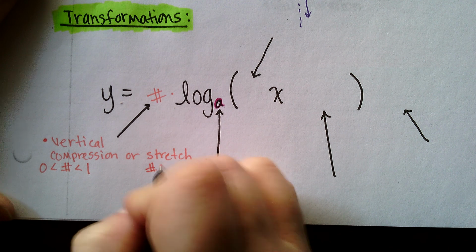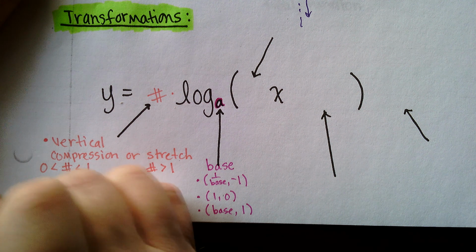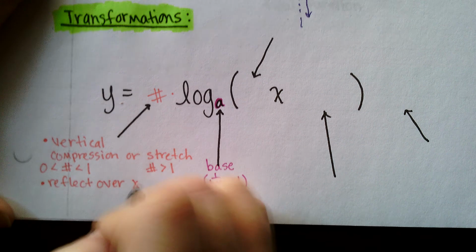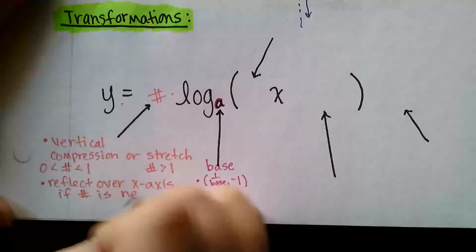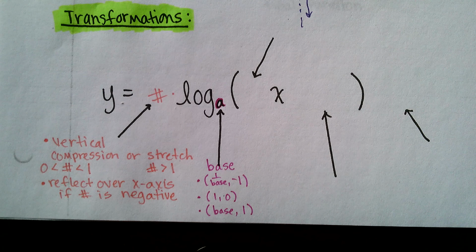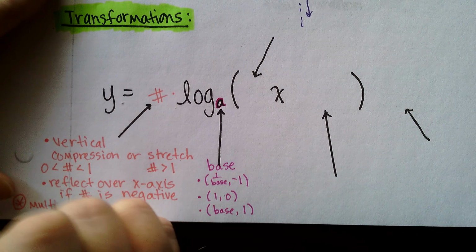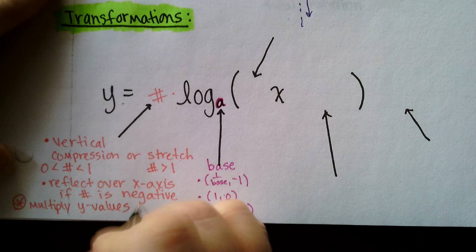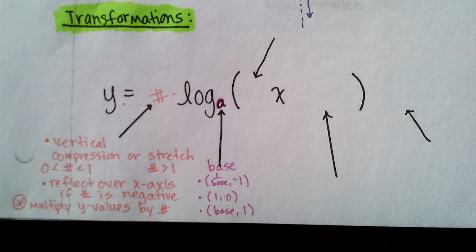If that number is bigger than 1, then you have a stretch. But it could also be a reflection over the x-axis if that number is negative. So no matter what, whatever that number is out in front, we are going to multiply the y values by that number. So in our 3 special points, we would multiply the y values by that number that's out front.